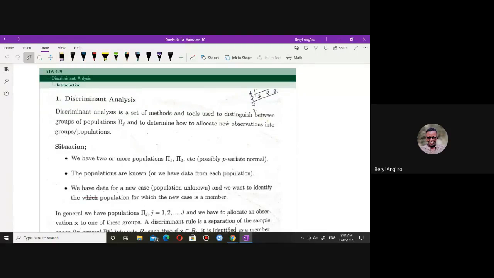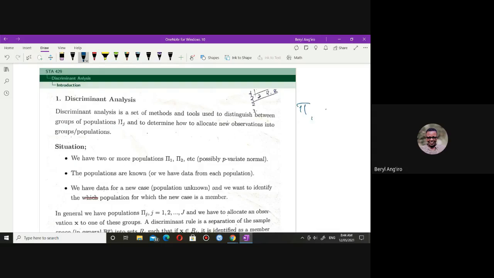Discriminant analysis. This is a set of methods and tools that is used to distinguish between groups of populations pi j, and to determine how to allocate a new observation into either of these groups or populations. The situation here is we have two or more populations.